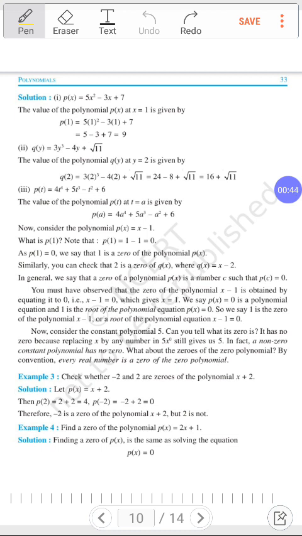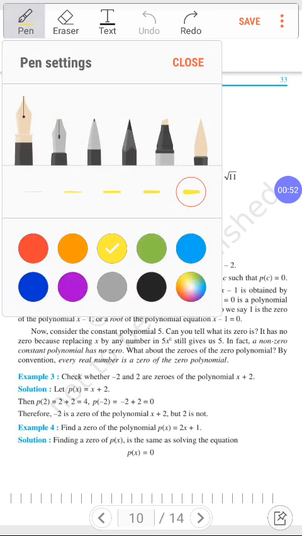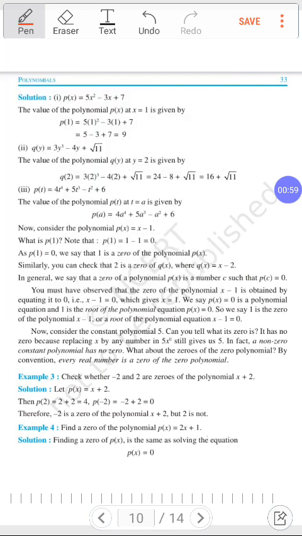That is, x minus 1 is equal to 0, which gives x is equal to 1. Okay, I will take a sharp pen so that there will be only lining and you will be watching the lining properly. So here you can see, equating it to 0 gives x is equal to 1.